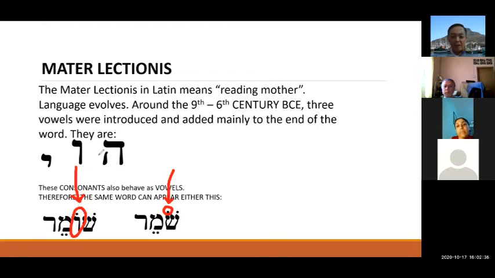Now before the Niqqud were introduced, imagine this was not there, this was not there, and this was not there. Now you only see the consonants here. This was introduced around the 9th to 6th century BCE, and these are the Mater Lectionis. You can also spell it this way, shin, mem, and resh, or shin, vav, mem, resh.